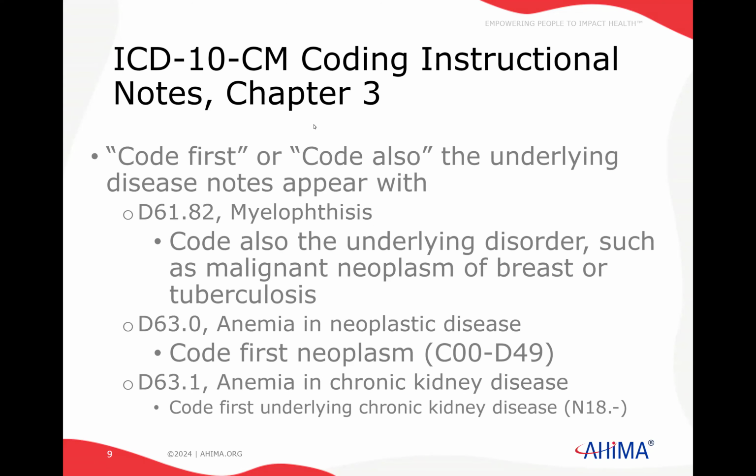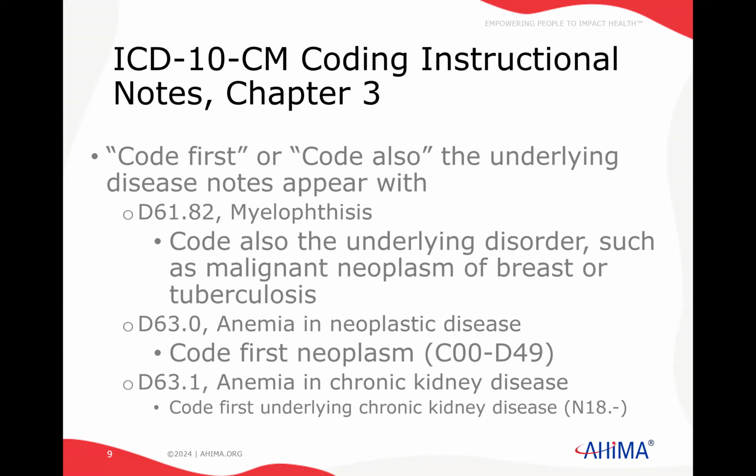There are code first and code also. Code also always means that whatever code follows the term, code also comes second. Code first, pretty straightforward, means that the condition is coded first. With D61.82, myelophthisis, we also code the underlying disorders such as the breast cancer or TB.